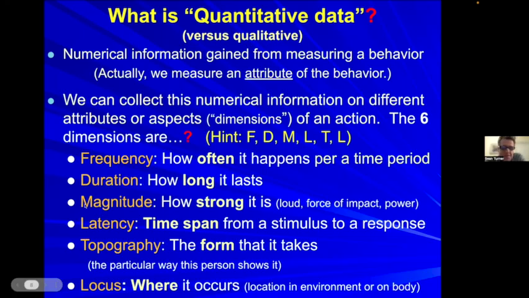Duration is when the behavior of concern does pop up, when it is witnessed, we mark the time that elapses between the start and the finish of that behavior. Now, latency also has to do with the passage of time, but it's the time span between a stimulus saying go for the behavior and the behavior actually happening.